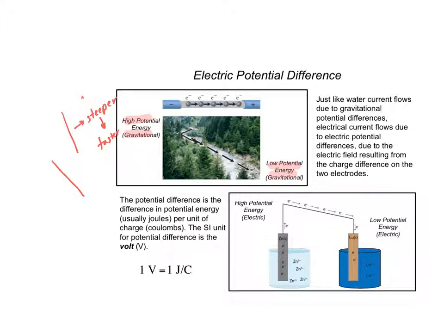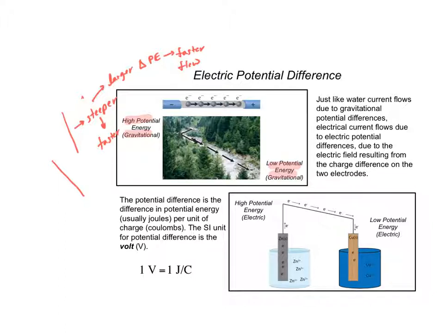What does that mean in terms of gravitational potential energy? What does a steep mountain have a large difference in? It's got a large difference in gravitational potential energy, right? So that means that the larger the difference in gravitational potential energy, the faster the flow of water. Okay, so current is like flow of water.